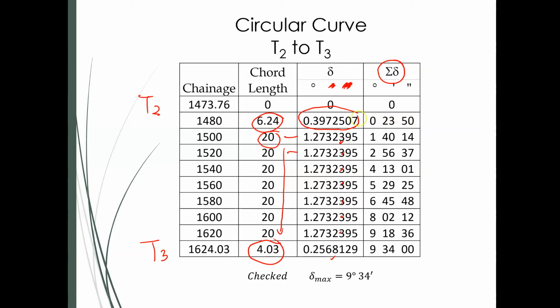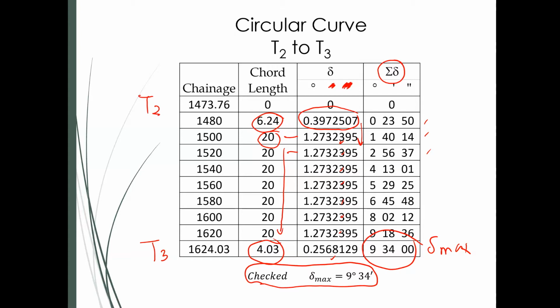Just simply adding up all the numbers in that column, you come up with all these numbers, and look at your final deflection angle, which is your delta max for your circular, and compare that to what we have calculated before, and you will notice that it agrees, which means that we have checked that the deflection angles are okay. So there's no arithmetic error, no calculation error, so we've checked. So we're done from T2 to T3.